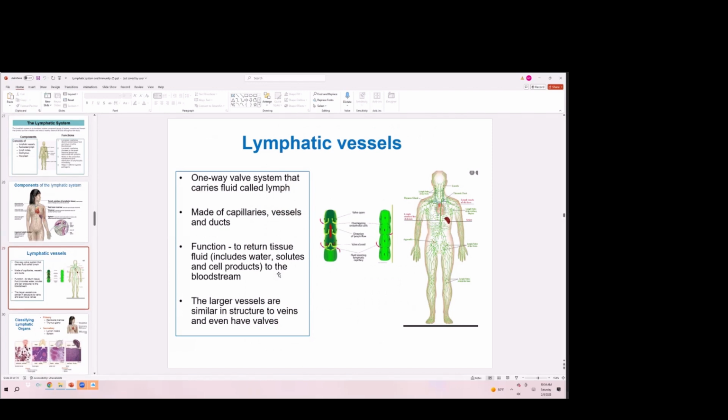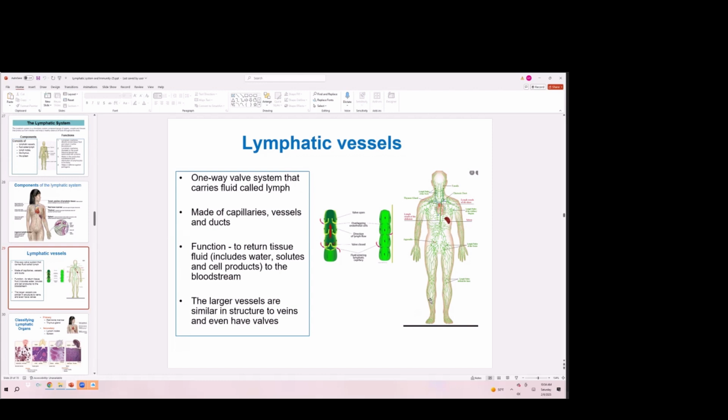In terms of examining the vessels of the lymphatic system, they are very similar to the veins that we have. The veins, as we know, carry blood back to the heart. And to enable them to do so, they depend on our skeletal muscles to press on them and move the blood up in the vessel.